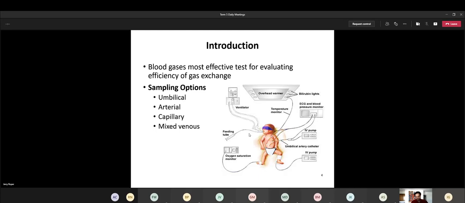We could do heel sticks, which is going to be our capillary sampling. And then if they have a pulmonary artery catheter inserted, then we could take blood from the distal port and run it for mixed venous oxygenation.